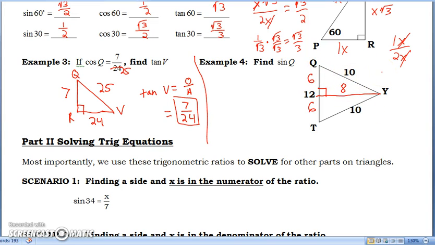I want the sine of Q. Feel free to write SOHCAHTOA again as many times as you want. The sine of Q is going to be opposite over hypotenuse. What is opposite from Q? That's 8. What is the hypotenuse? 10. So the sine of Q is 8 over 10. We want to reduce that, so that's going to be 4 over 5.